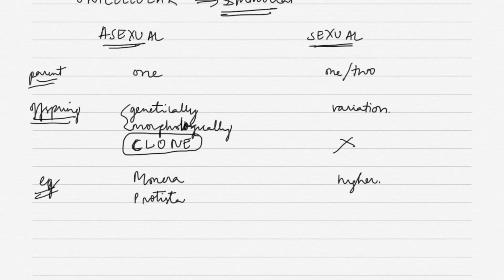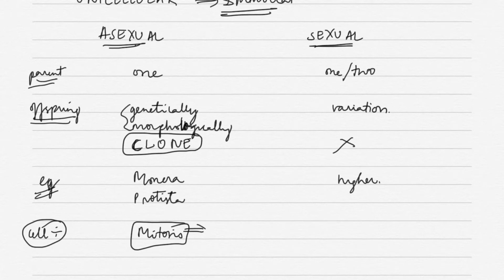Now when we come to the type of cell division that happens which gives rise to this, we have here mitosis. Mitosis is the type of division that happens in asexual reproduction, because in mitosis there is no recombination, there is no exchange of genetic material. We have clones being formed, that is, they are genetically and morphologically similar.